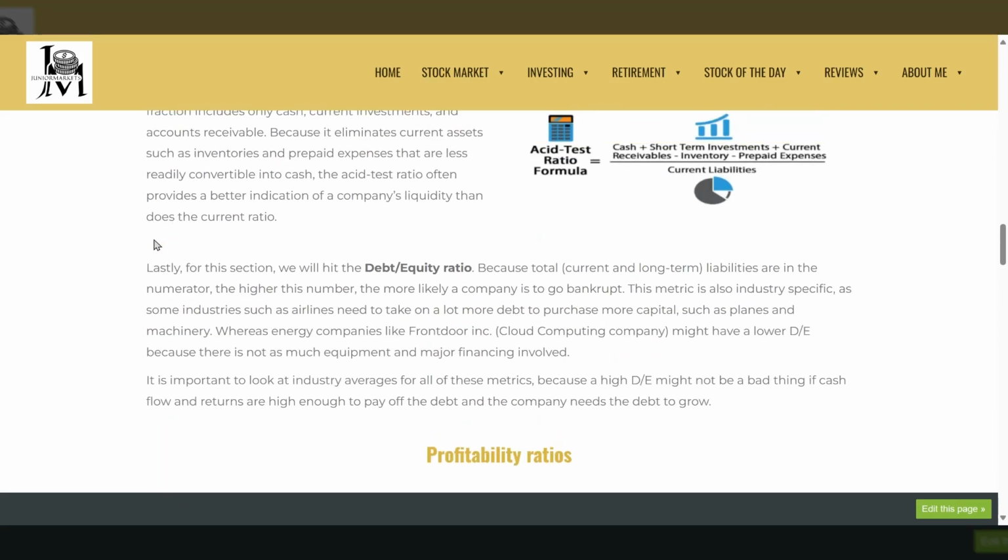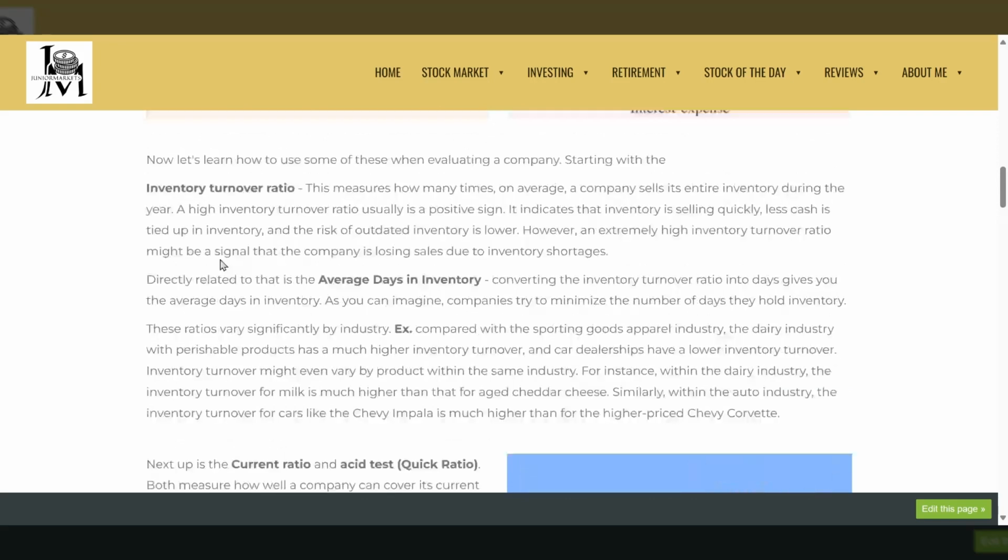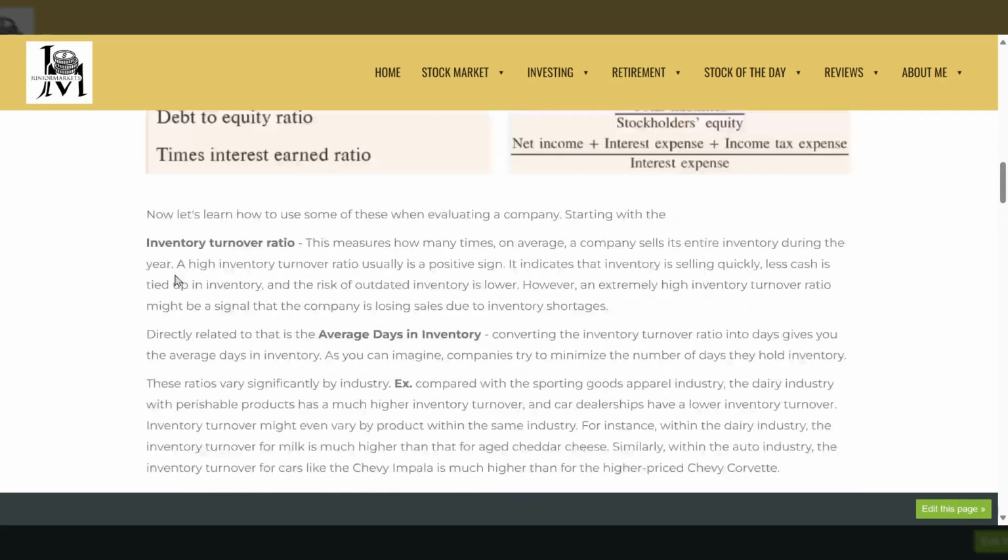So we're going to be looking at things like inventory turnover, which I do have on this website, the inventory turnover ratio. Also things like asset turnover and receivables turnover. So how efficiently can companies turn sales into profits?